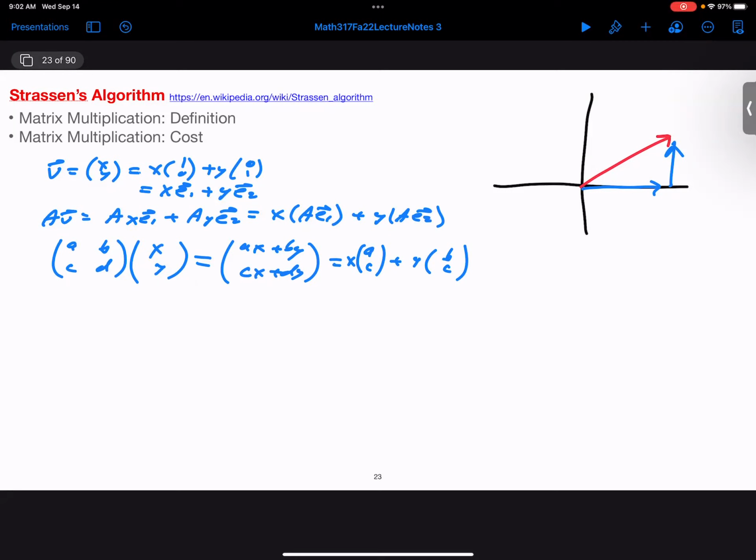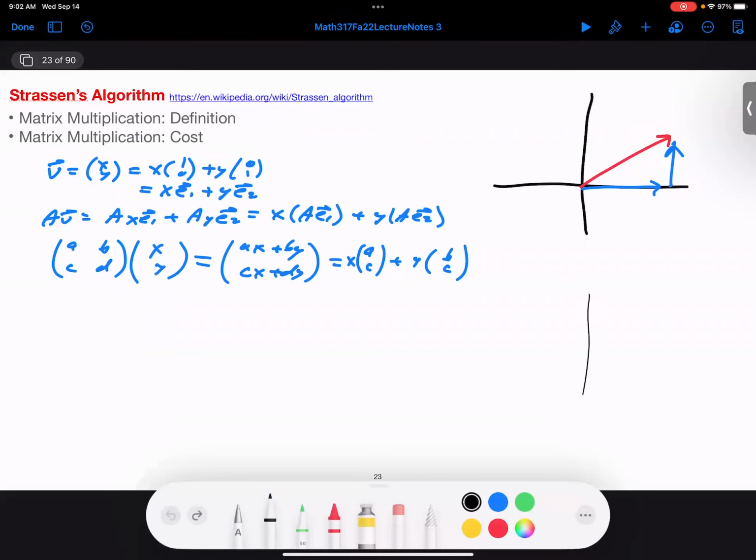If I have my coordinate axes here, and I start off with my vector e1, I can ask what e1 goes to under the matrix. Let's say it goes to some vector here, (A, C).